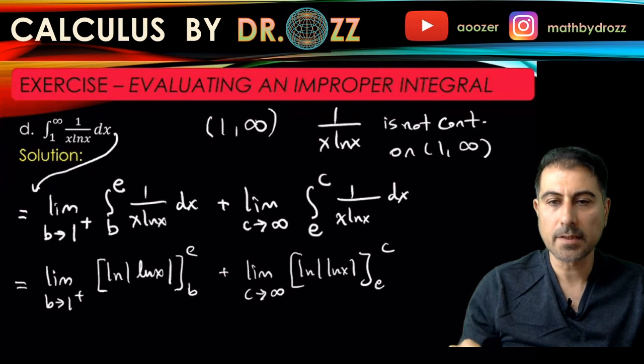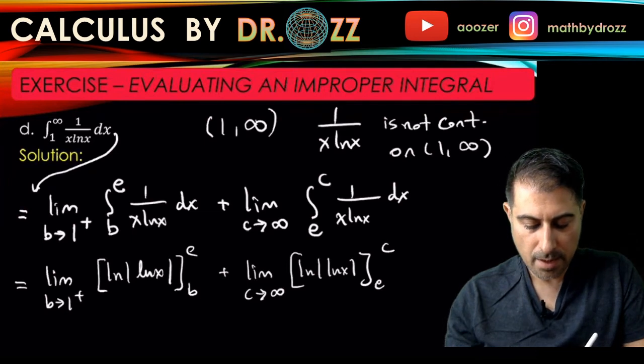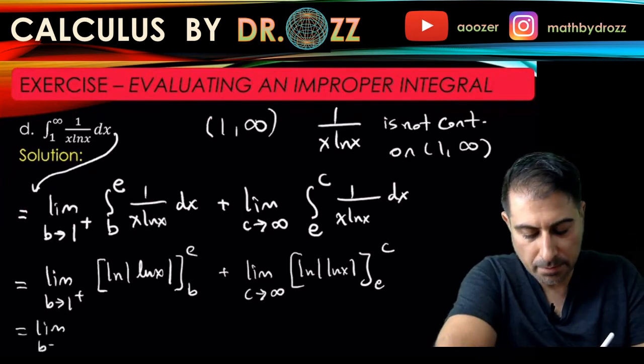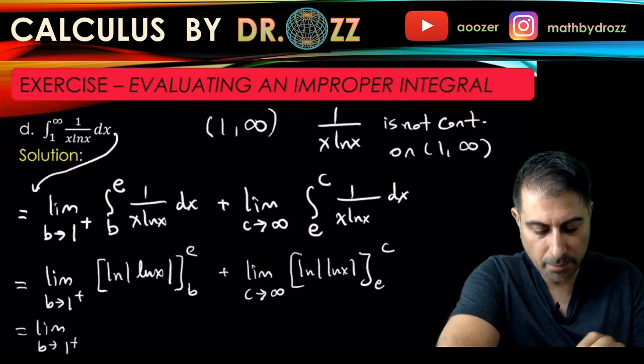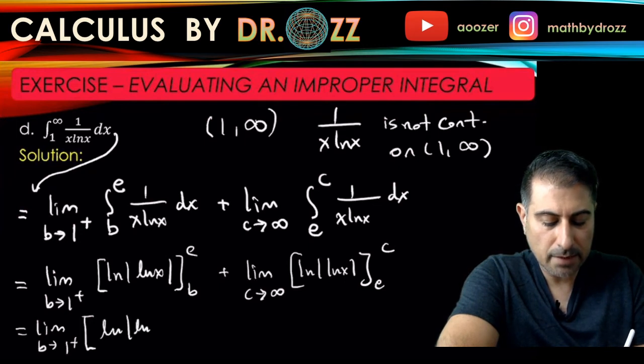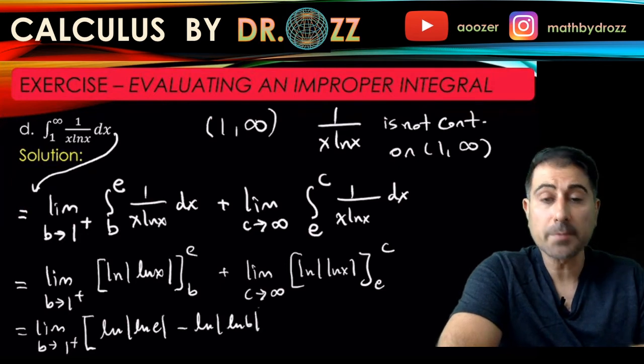All right, so I just copied those antiderivatives back into the limits, and now let's evaluate the upper and lower limits. I want to use one bracket for each limit. So it's ln of ln e minus ln of ln b. And that takes care of the first limit.